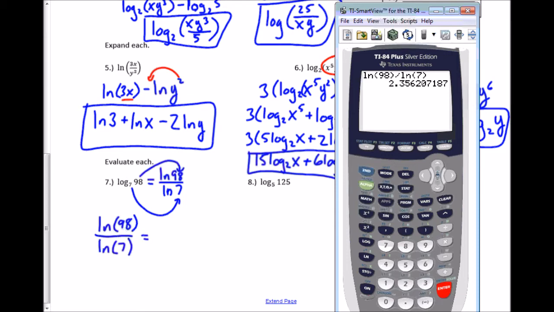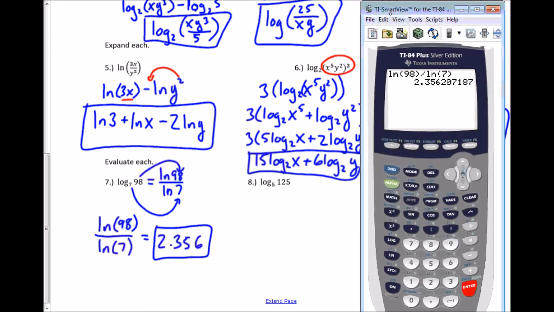Okay, so it tells me that the approximate value here is 2.356. Okay? The next one, I can do the same thing. This one I could plug into the calculator and just do natural log of 125 divided by the natural log of 5, and this is going to give me a 3.